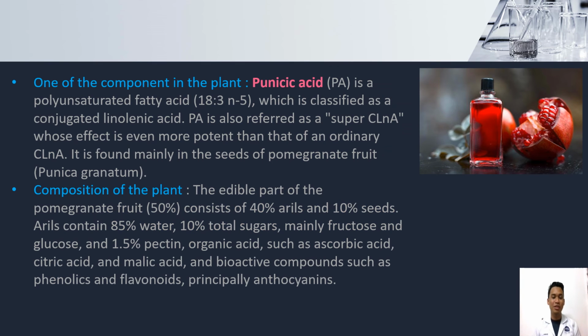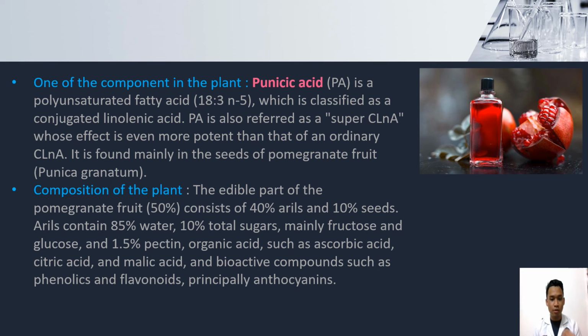One of the components in the plant, which is pomegranate, is punicic acid. Punicic acid, PA, is a polyunsaturated fatty acid which is classified as a conjugated linolenic acid. PA is also referred to as a super CLNA, whose effect is even more potent than that of an ordinary CLNA. It is found mainly in the seed of the pomegranate fruit, Punica granatum.